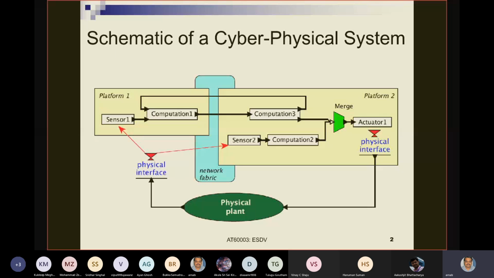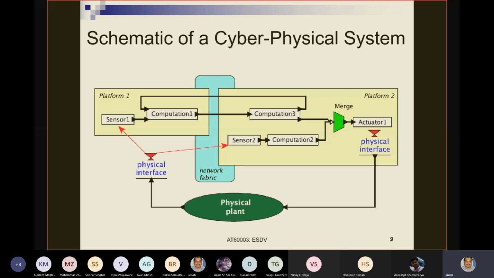As we have seen this figure multiple times in this course already, the objective of what we are studying here is to come up with the design of the cyber part of a cyber physical system.